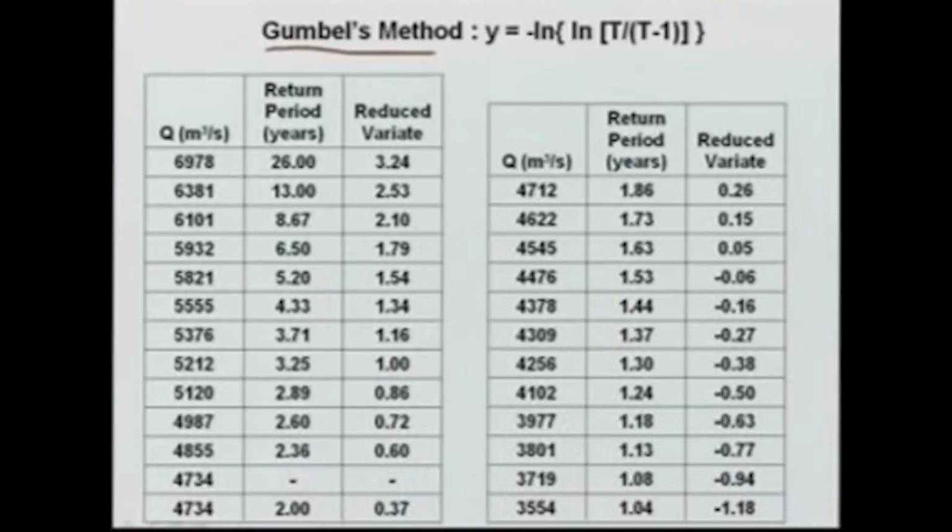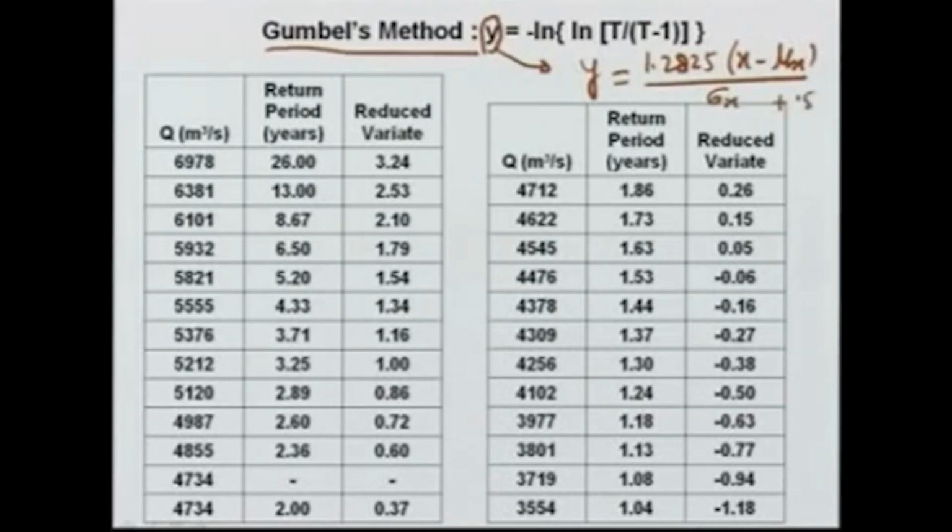So, we start with the Gumbel's method, in which the reduced variable y is dependent on the actual variable x, or in this case Q, as 0.7825 times x minus mu x divided by sigma x plus 0.577. So, a reduced variable has been defined which has a return period of T. So, T again in this case is the return period.